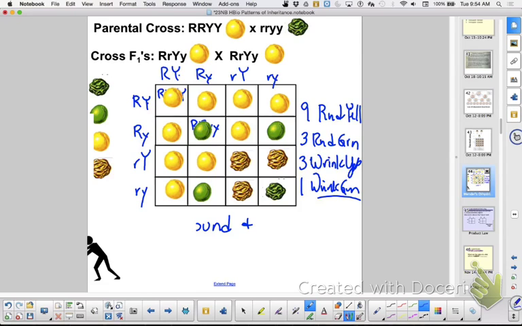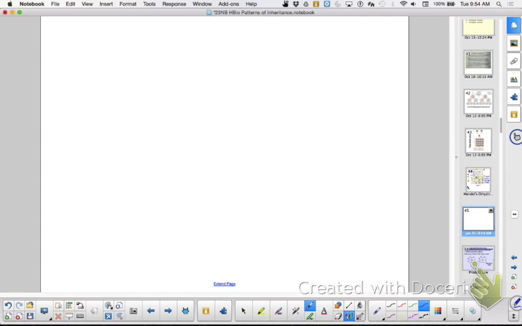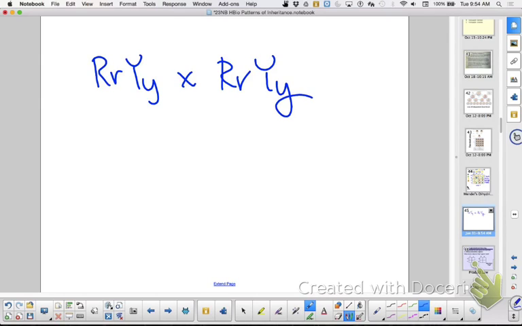What if I had you do a trihybrid cross? Our Punnett square keeps getting bigger and bigger. So here's your shortcut. When you have a cross like this, you do independent Punnett squares.